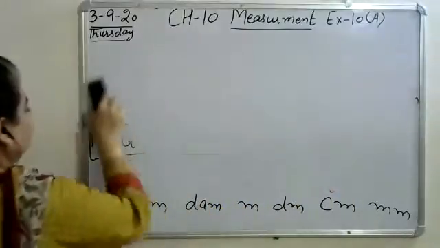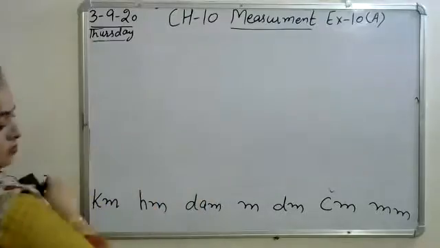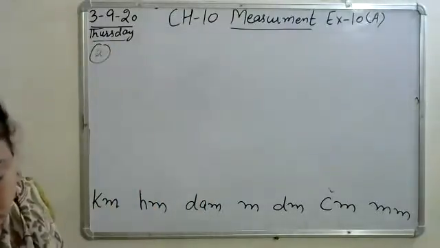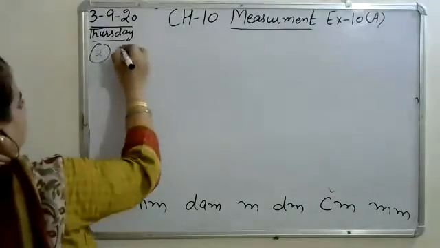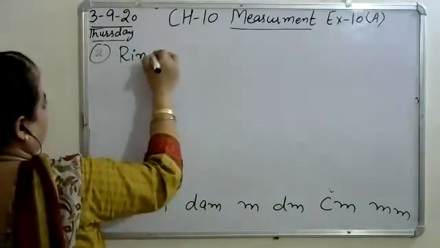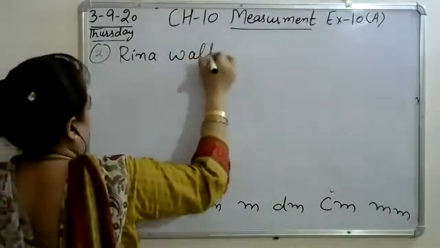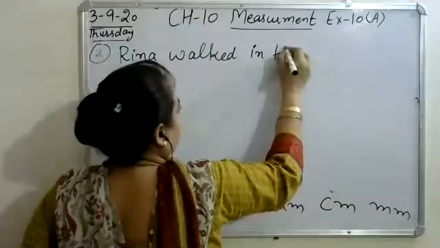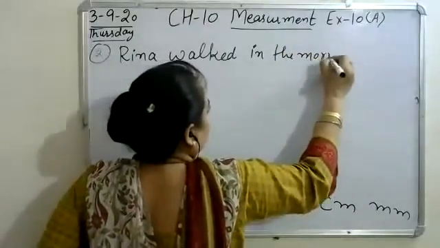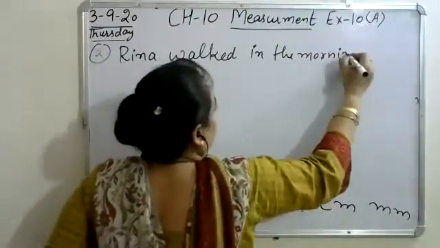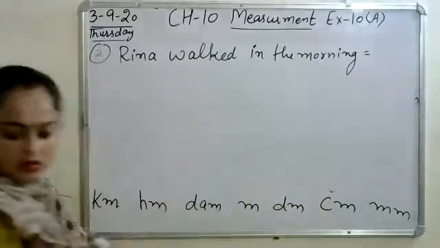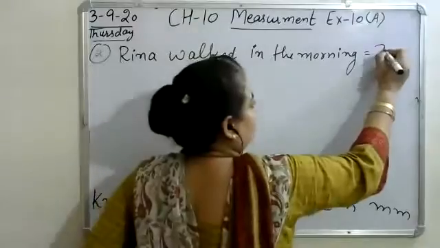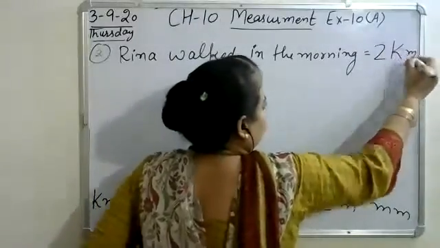Reena walked 2 kilometers in the morning and 3,000 meters in the evening. What is the total distance covered by Reena in kilometers? So Reena walked in the morning 2 kilometer.